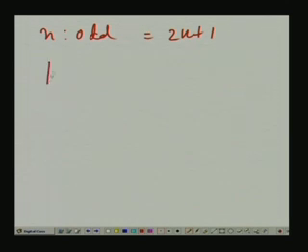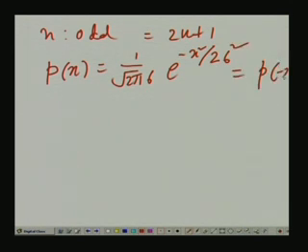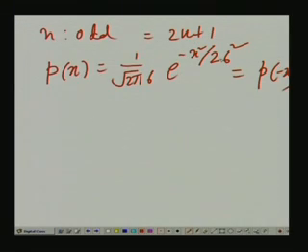Just consider this p(x), which is also equal to p(minus x). This is important, because Gaussian probability density function is symmetric around its mean, and if you put x equal to minus x, since it is square, there is no change.